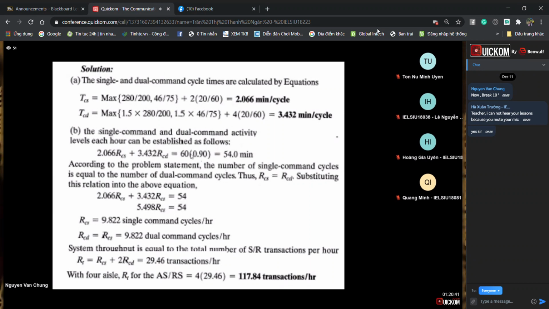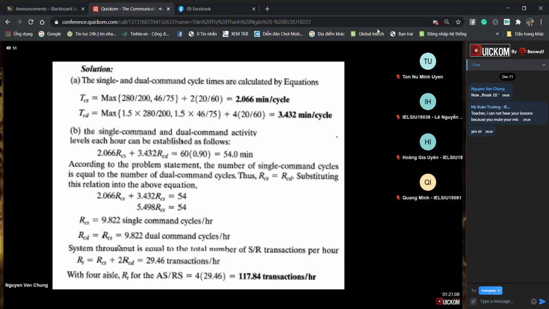So like that, you have utilization, and then you find this is the number. Okay, this is the single command cycles per hour, and this is the same for dual command cycles per hour.